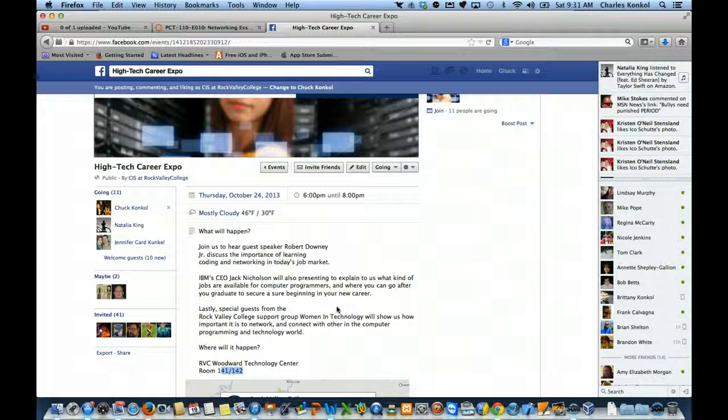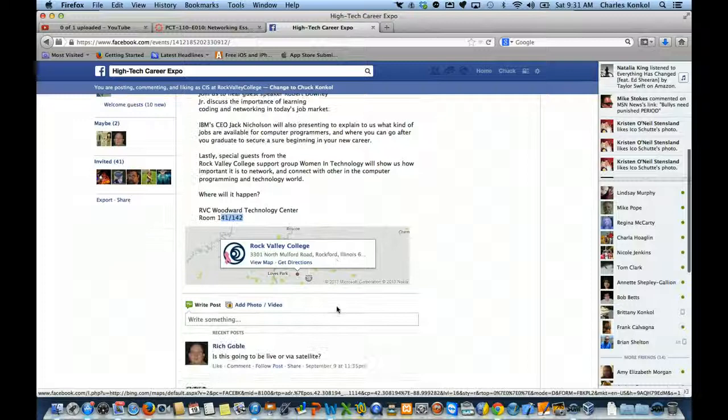IBM CEO Jack Nicholson will also appear to explain what is available for computer programmers. We'll also look at women in technology. We'll have a couple folks from the local area as well, and I'll be speaking as well as other students.